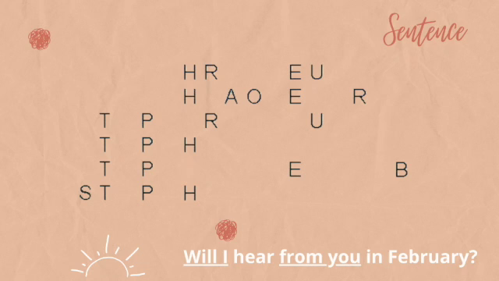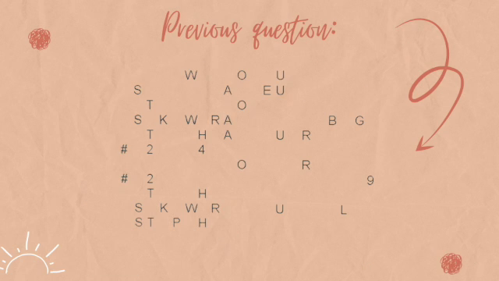I am very happy that you keep on learning and that you are enjoying watching this video. So congratulations. At this point, we will give the answer for the previous question that we gave in the previous video. Okay, so here it is.